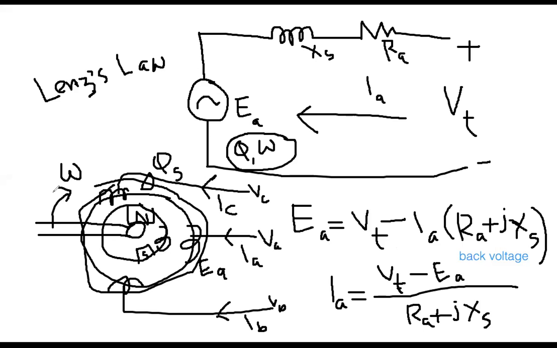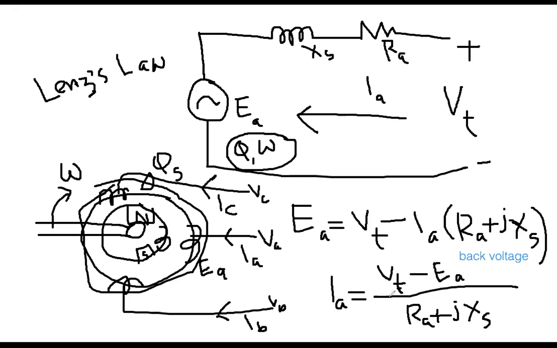Once the motor has started rotating, only then the voltage will build up along these coils. Then gradually it will start producing. It may happen that it might be equal to Vt. At that time, IA could be 0, or it could even be much greater. In that case, that will be the leading power factor.